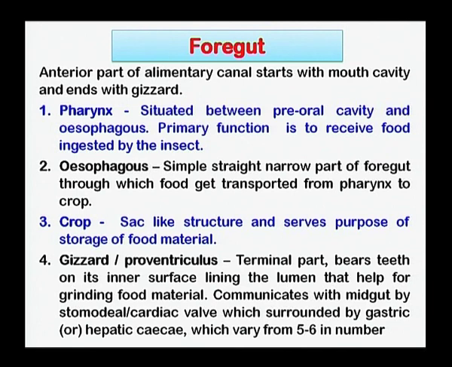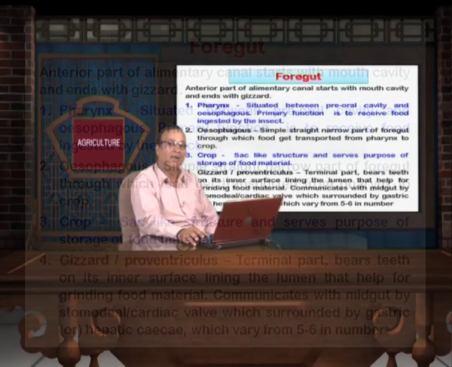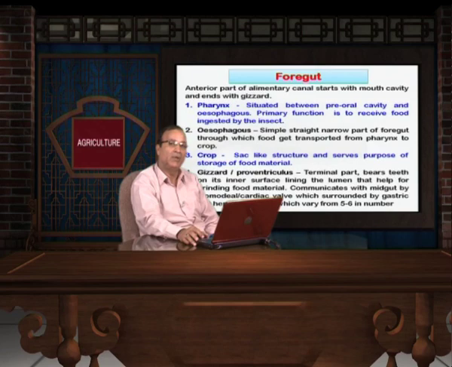The gizzard, which is also called the proventriculus, is the terminal part, and bears teeth on the inner surface lining of the lumen, and this part helps in grinding the food material. It is attached to the midgut by a valve which is known as the cardiac valve or stomodial valve.